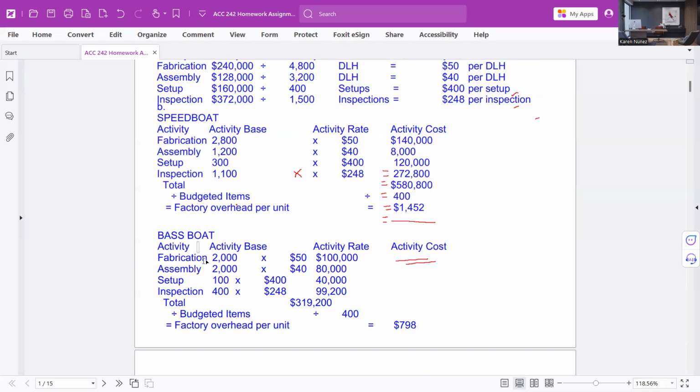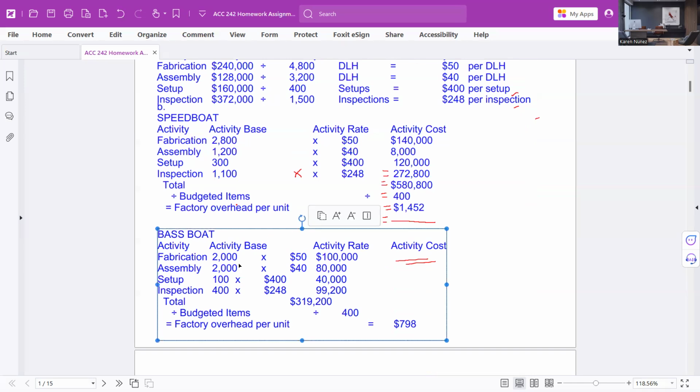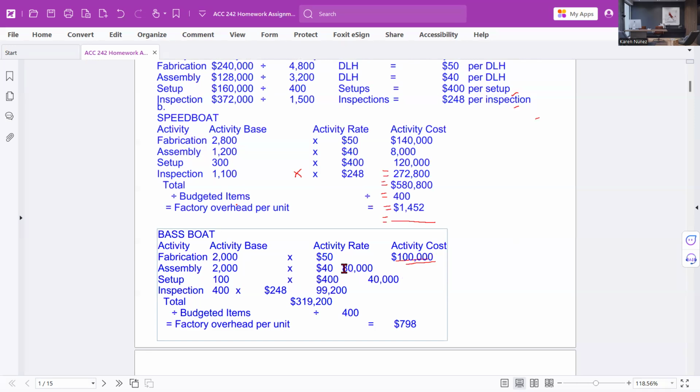So for the bass boat, right, we've got our activity, and we want to multiply by the activity rate. And that will give us the activity cost, right?